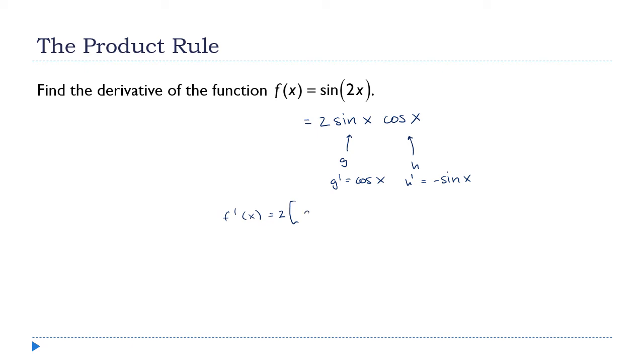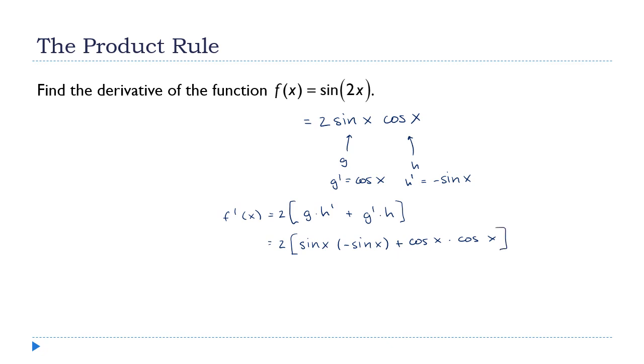This is g times h prime plus g prime times h, which is 2, let's see, g is sine of x, h prime is minus sine of x, plus g prime, that's cosine of x, and h is also cosine of x.